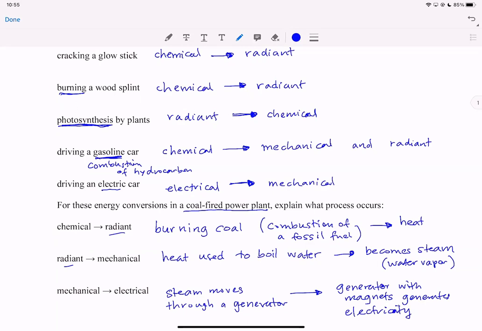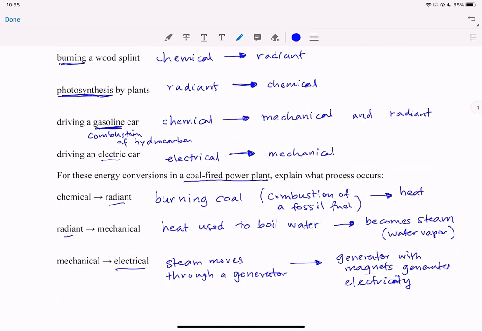And so that's electricity, and that's electrical energy. So when you have the steam moving through and moving these blades, it's connected to a generator that has these magnets attached to it. And because of the magnets and motion of the magnets, you'll get electricity generated from that. And so that is the process. That's how electricity is generated.